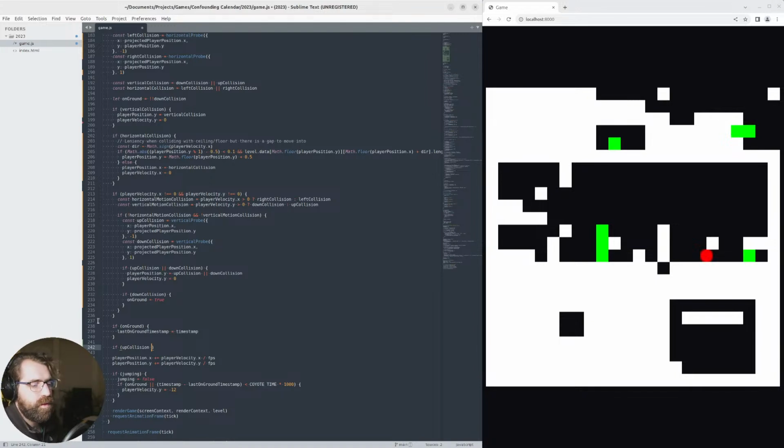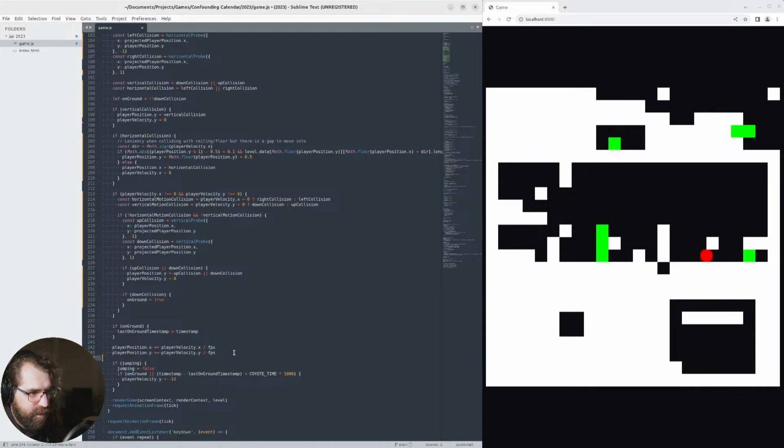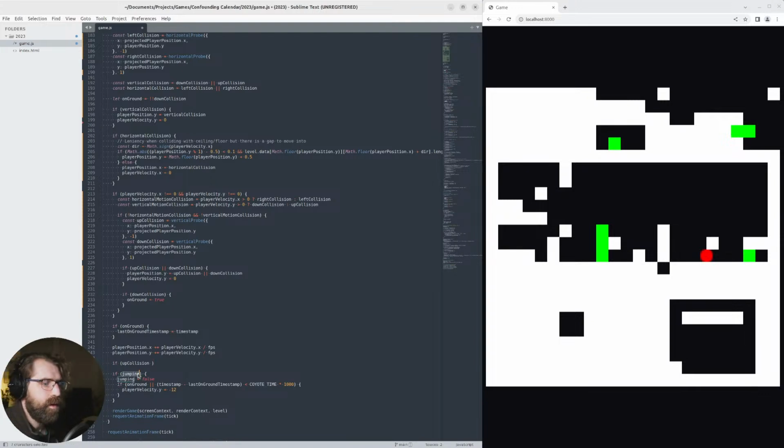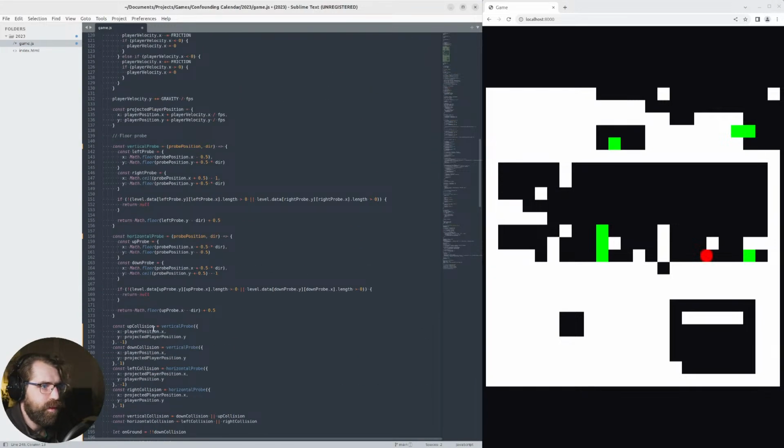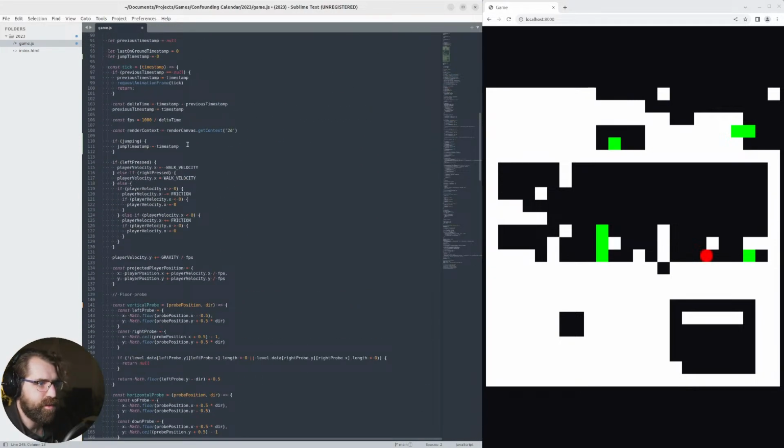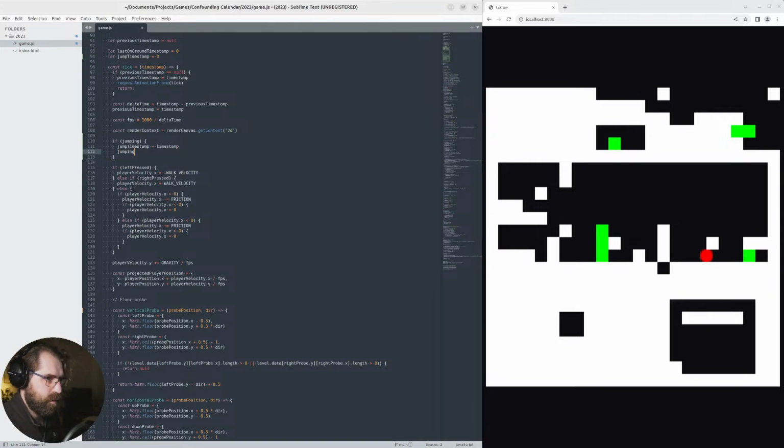I also only want to do this if jumping, yeah, okay, so this needs to change. Let's do it all around here, around this stuff. Well, I always want that to get set to false. Let's just immediately set jumping to false, and then just work entirely with the timestamp.